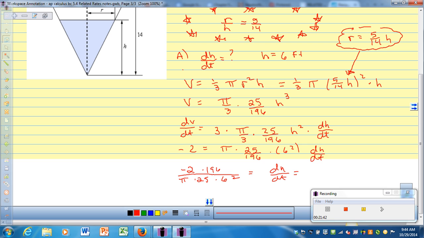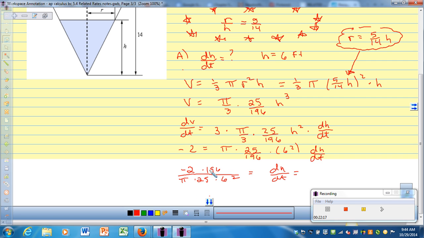Go big, go big. Negative 0.139. Negative 0.139 is what we've got.